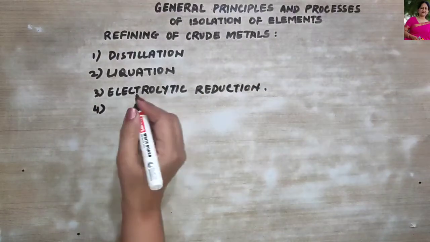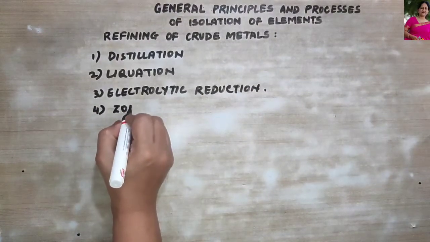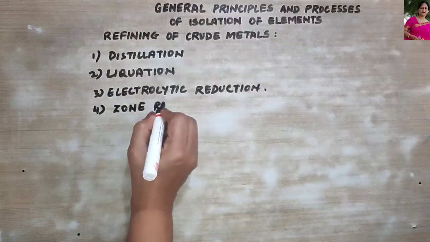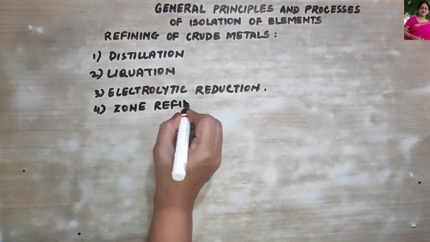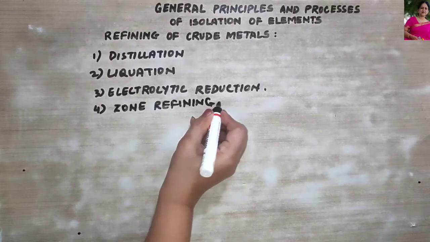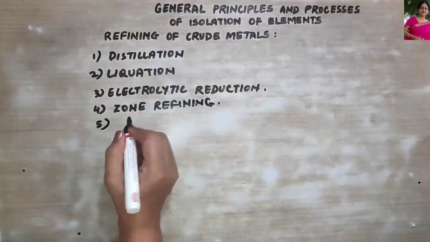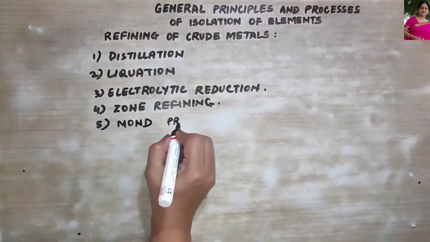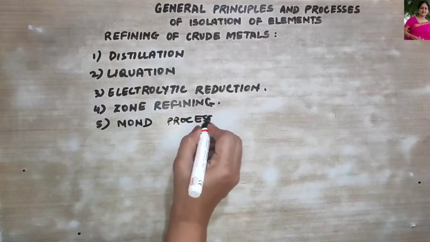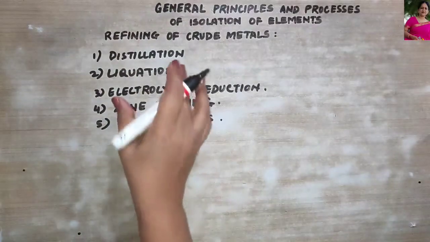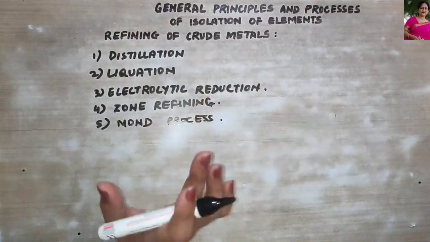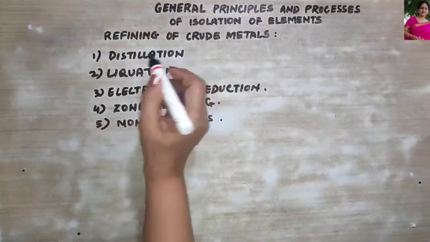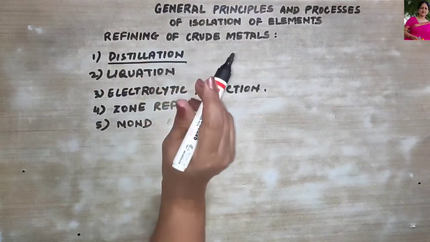Then you have to study zone refining, and also the Mond process. So these are the different methods for refining different types of crude metals. So let us first discuss distillation.